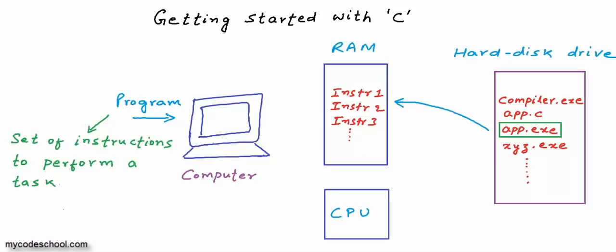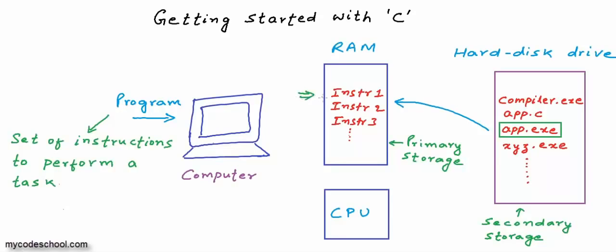But anything in hard disk remains there even when machine is turned off. There is difference between the physical design of these two devices. RAM is also called primary storage and hard disk is called secondary storage. In context of computers, whenever we say main memory or just memory, we mean RAM. We mostly mean RAM.